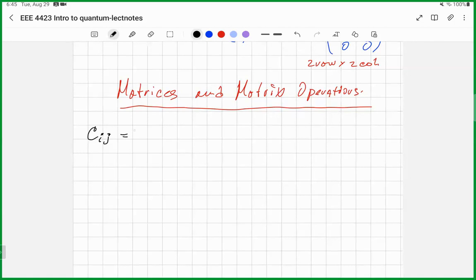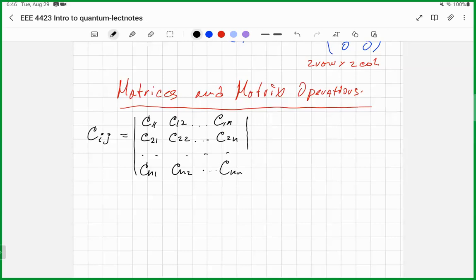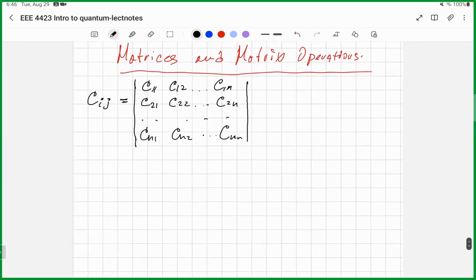So it can be written as this matrix of elements C11, C12, etc., C1n, if the space is n dimension. Then for the second row it is C21, C22, C2n, and all the way to Cn1, Cn2, Cnn, if the matrix is quadratic or squared. So this is the matrix, right?